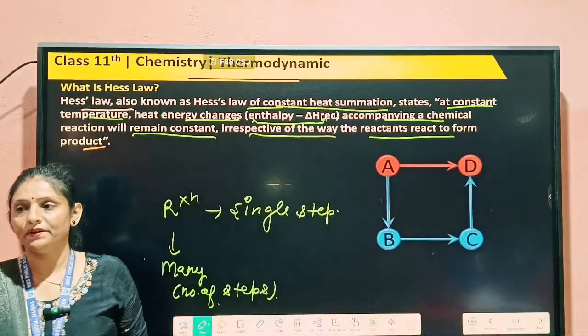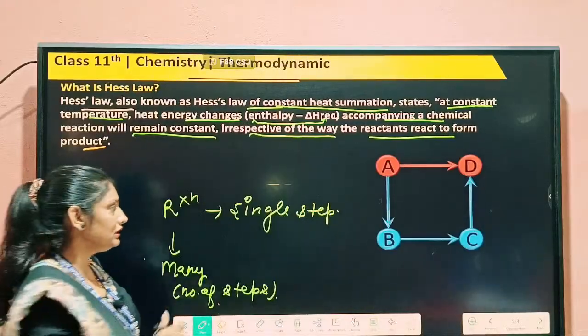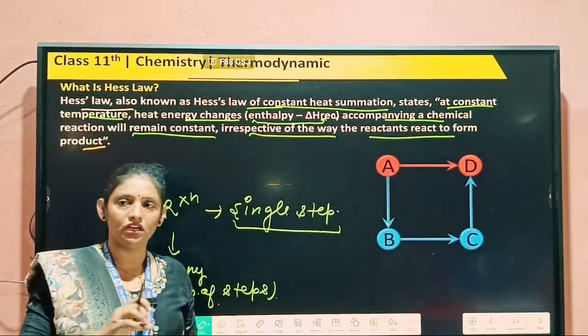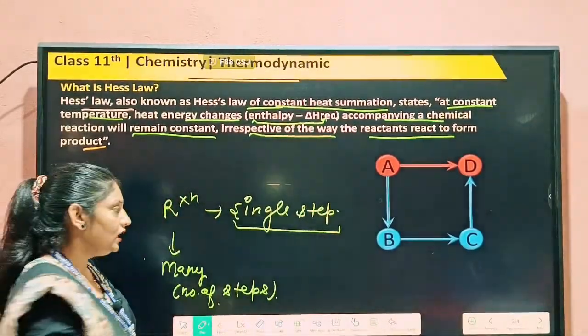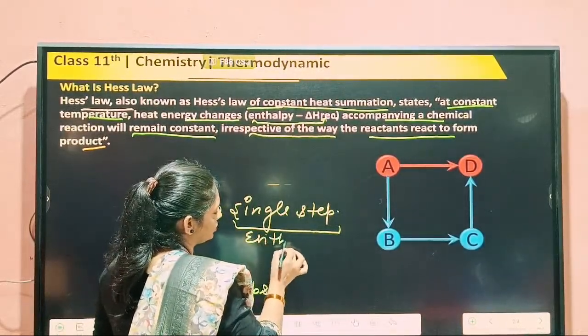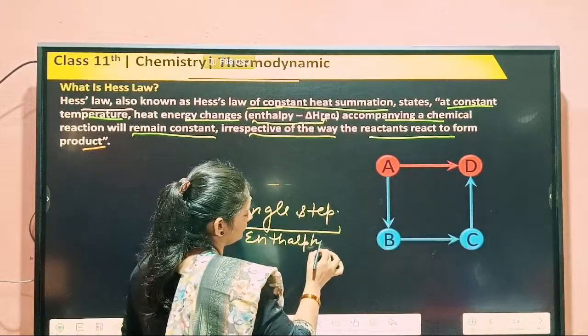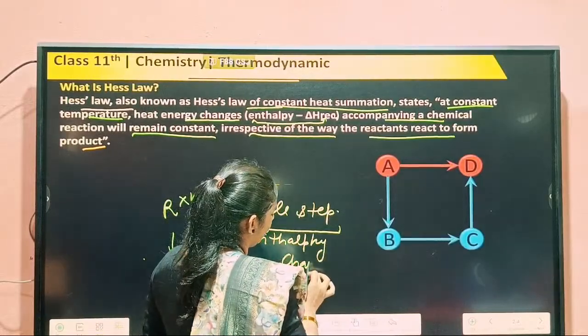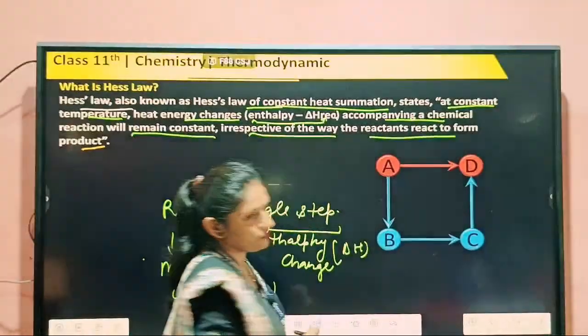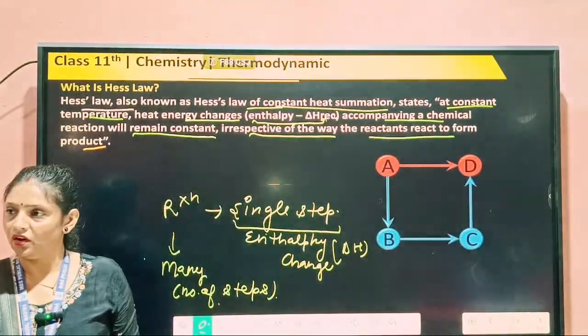But what will happen? Let us consider enthalpy change. When the reaction takes place in only one step, the enthalpy change there is delta H. We are considering that. Okay.